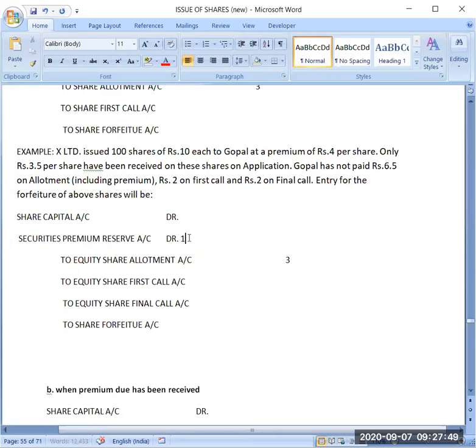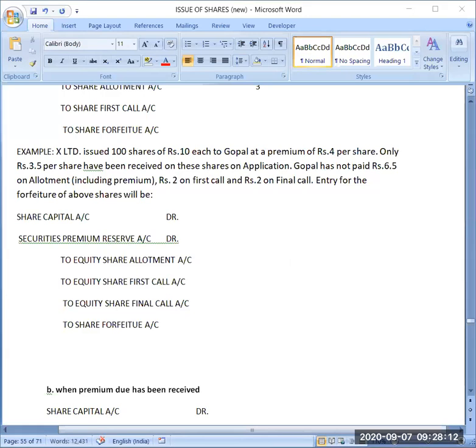See, first when we are doing forfeiture, what we have to observe is whether we have received the premium or not. It is clearly saying first thing that the premium is on allotment and he has not paid us allotment money. So from here I am sure that we have not received the premium also. This point is clear.